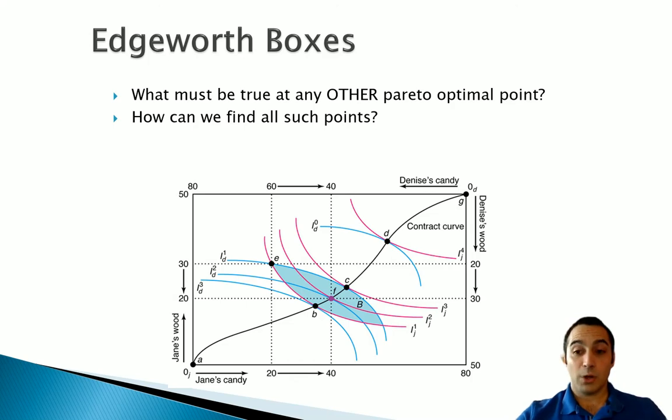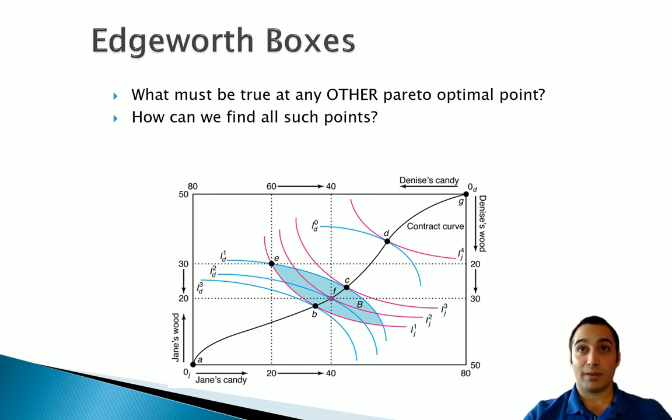Moreover, if I don't care about making things fair in relation to their initial endowment, there are a lot of other points that are also quote-unquote Pareto optimal, even though they don't improve upon E for both girls. Right? I could find points all the way from A through G along this line, where the indifference curves are tangent.